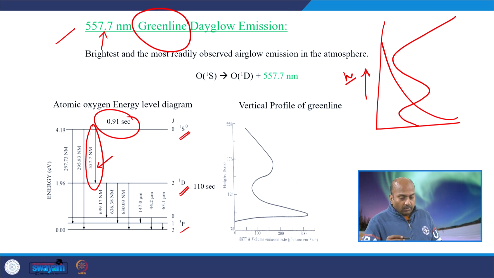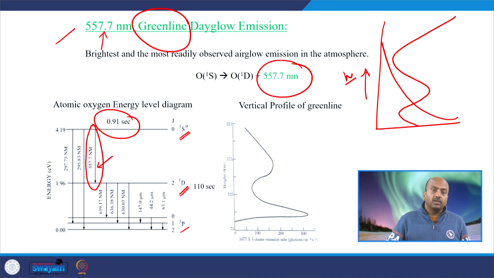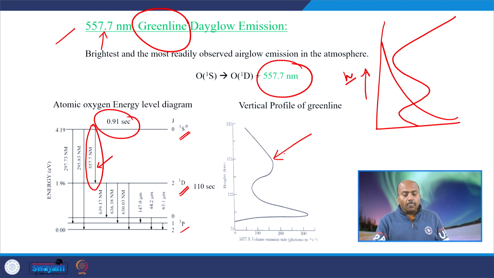Using some remote sensing experiments, the variation in the number of photons emitted at this characteristic wavelength as a function of height has been retrieved, and it looks something like this. So what does it mean?